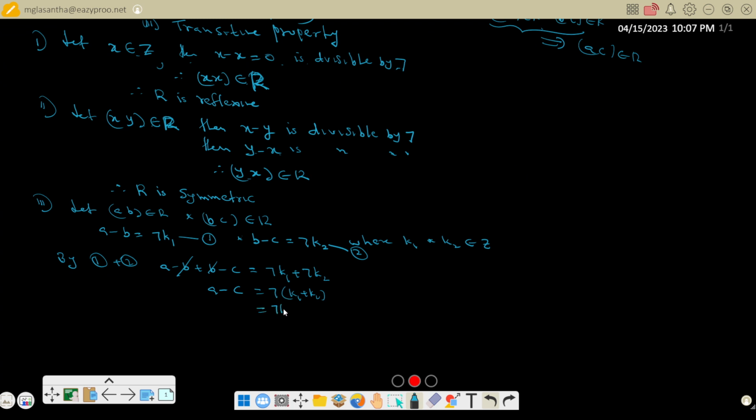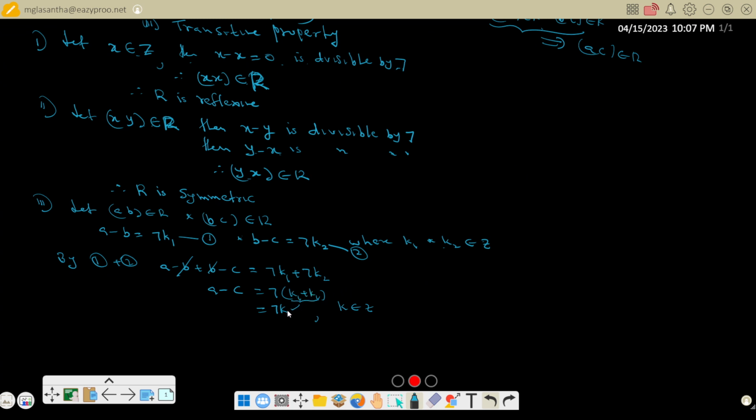You can take k1 plus k2 as k, where k1 and k2 belong to Z. K1 is an integer and k2 is an integer, and the sum of two integers is also an integer.